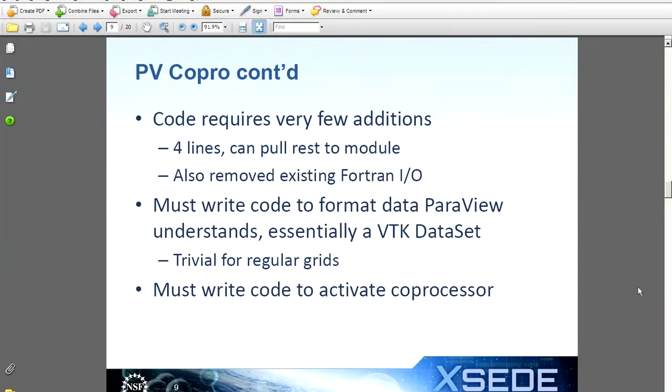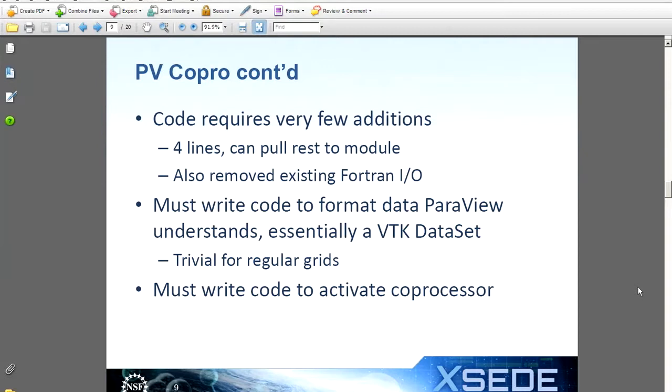So we were able to work off of that, and once we cleaned things up and pulled the coprocessor code out into a separate module, in the simulation code itself we only had to add 4 lines of code, which was really nice. It was importing the module, initializing the processor, calling the processor itself during the time step, and then finalizing the processor at the end of the simulation.